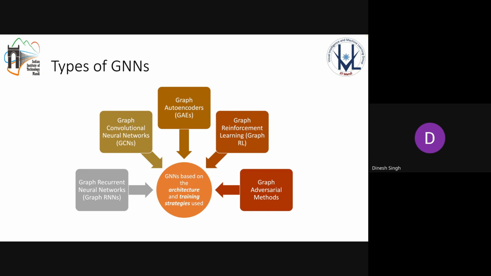Then nowadays we can see graph autoencoders, reinforcement learning based graph models, as well as generative graph methods. The same way we can generate images today with generative adversarial networks, can we generate new graphs? Let's say we have certain chemical compounds, can we generate new molecular structures with certain properties?